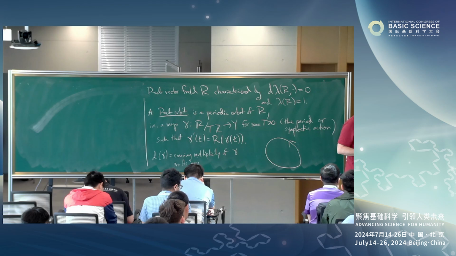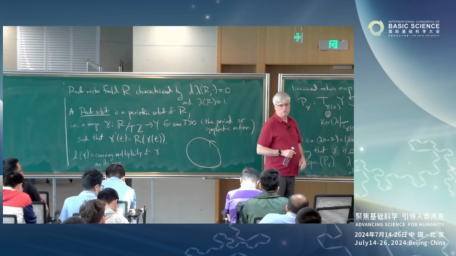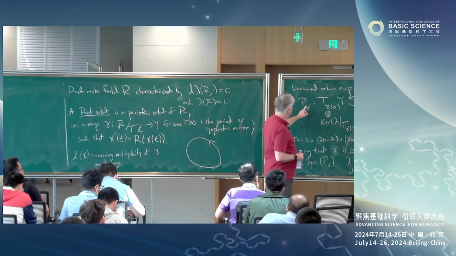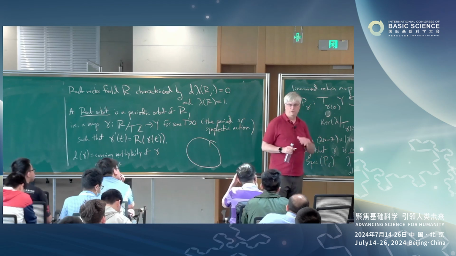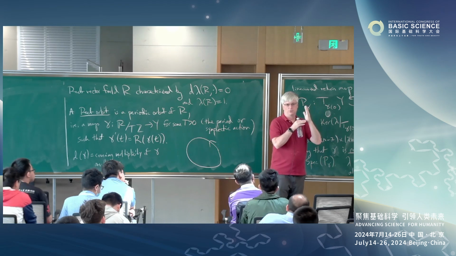And the flow preserves lambda; the Lie derivative of lambda is 0. So that whole decomposition is preserved by the flow. The kernel is a transverse space. And what's the action? Well, P gamma is a derivative of the time t flow. The time t flow preserves the decomposition of the tangent space into the Reeb direction plus the kernel of lambda. So it restricts to a map from the kernel of lambda to itself.